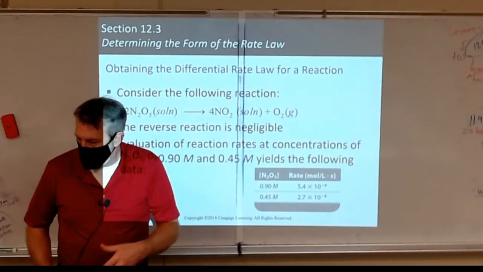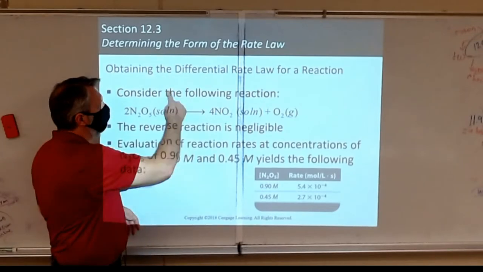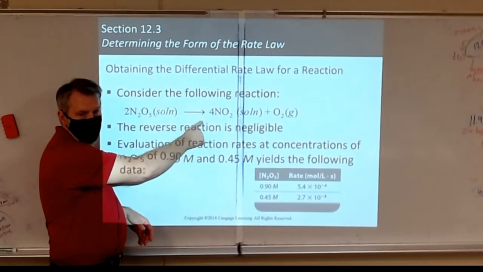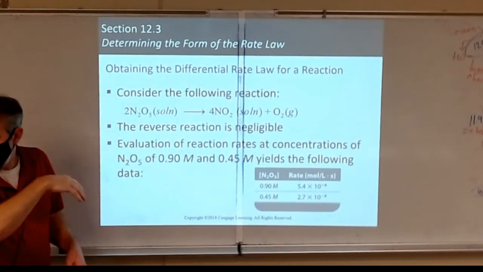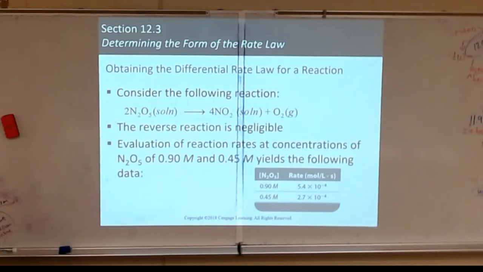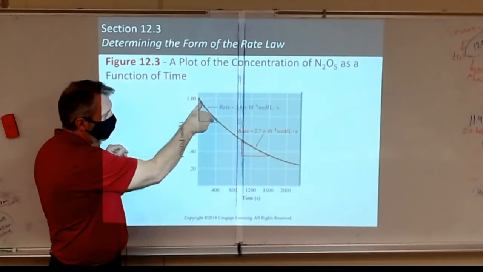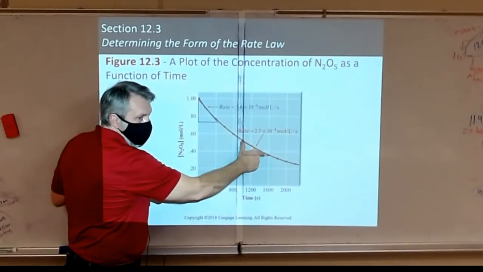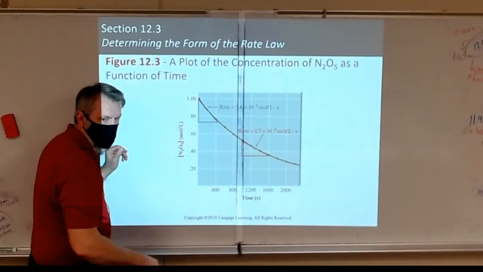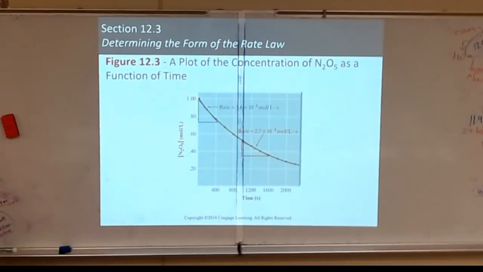And you'll remember the reason for that is we have our curves. They look like this when I plot concentration versus time. And in fact, let's go look here. My rate at this time has this angle, and this time is this one. So my slope is different, my rate is different.